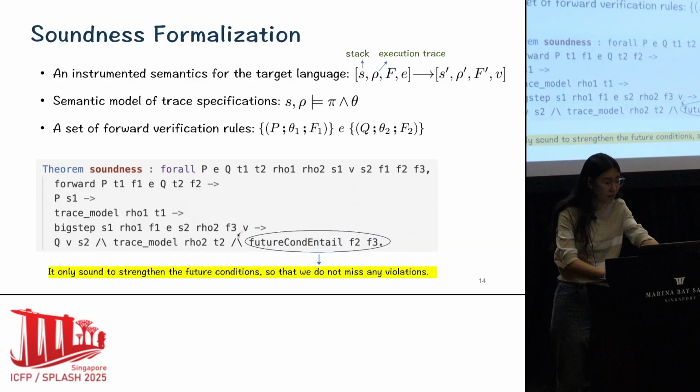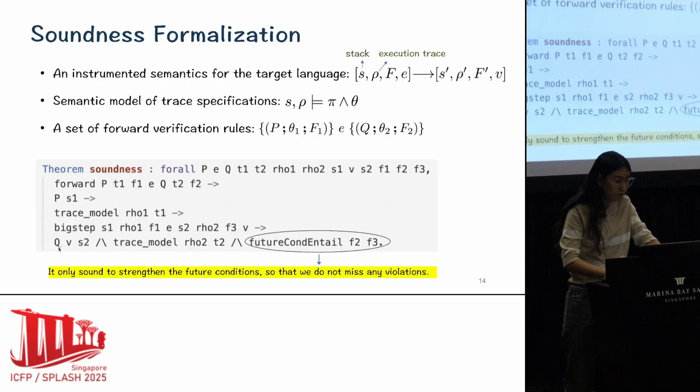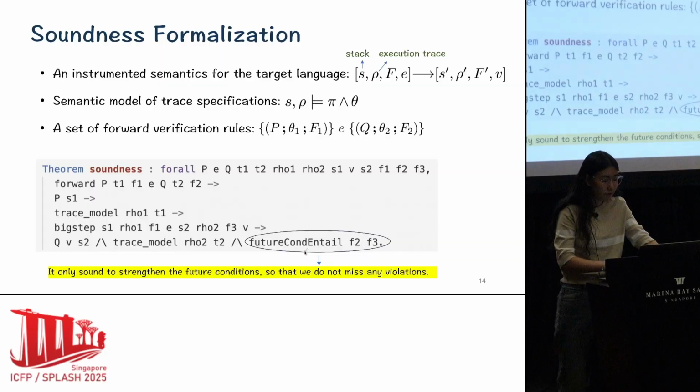In that case, it indicates the concluding value satisfies the postcondition Q, the concluding trace satisfies the concluded trace specification theta 2. And very interestingly, the future condition concluded by the forward reasoning result has to entail the future condition concluded by the big step semantics.